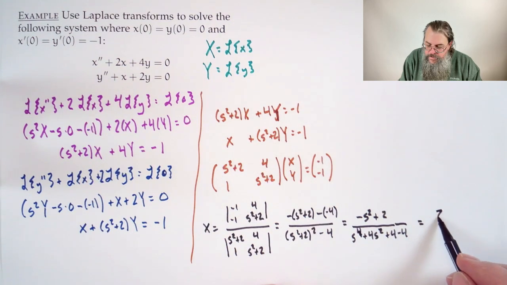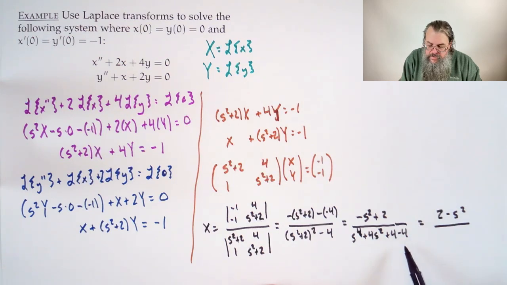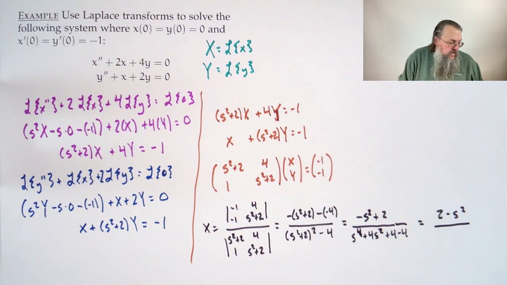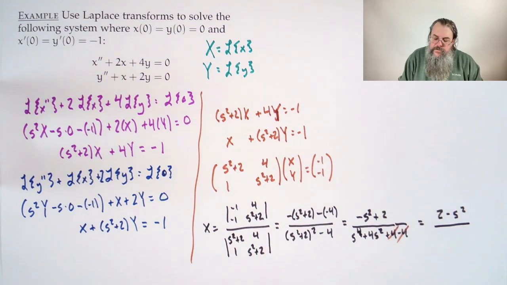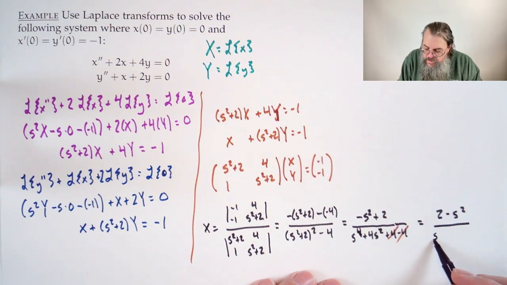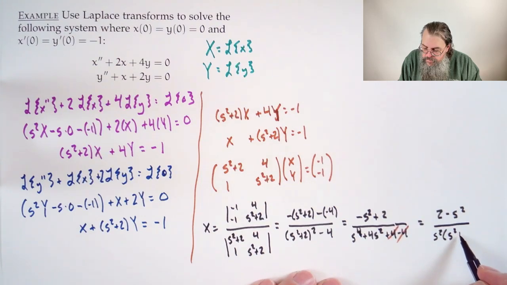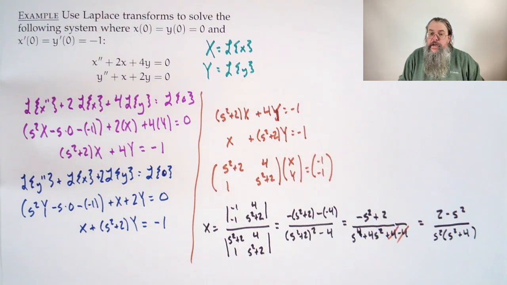So we end up, we'll write the top as 2 minus s squared, and the bottom, the 4s cancel. And we can factor actually an s squared out, so we get s squared times (s squared plus 4). And that's X. Okay, good.